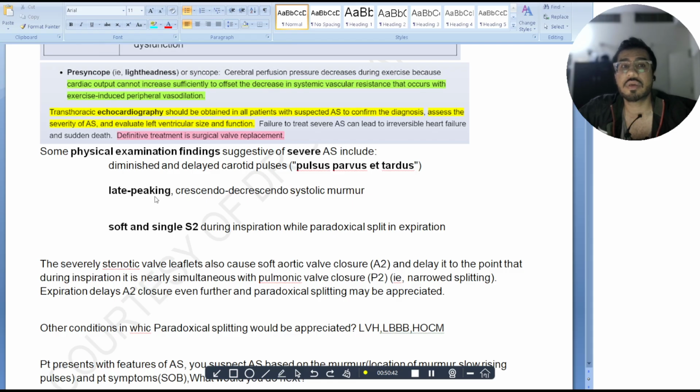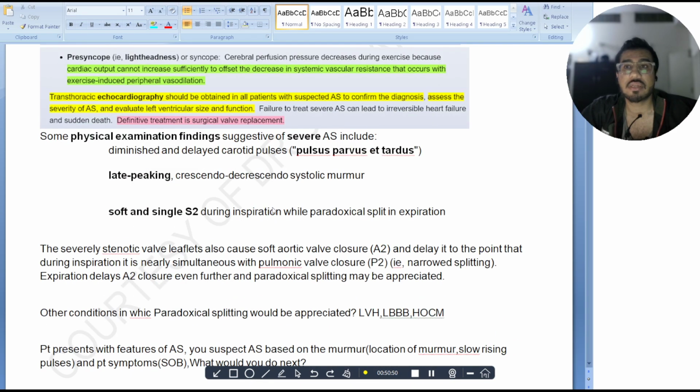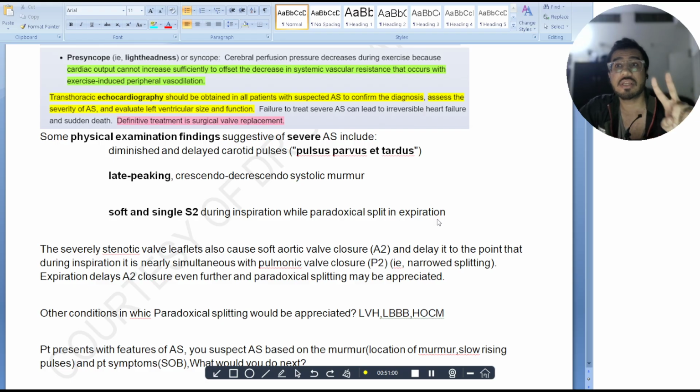Slow rising, slow peaking carotid pulses, crescendo-decrescendo murmur, and I told you it's gonna result in delayed closure of the valve, so you're gonna get paradoxical split in expiration and a single S2. A single S2 during inspiration is also pathological. Usually, physiologically, there should be a split in S2.